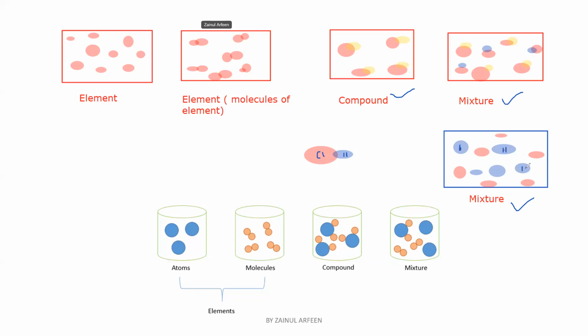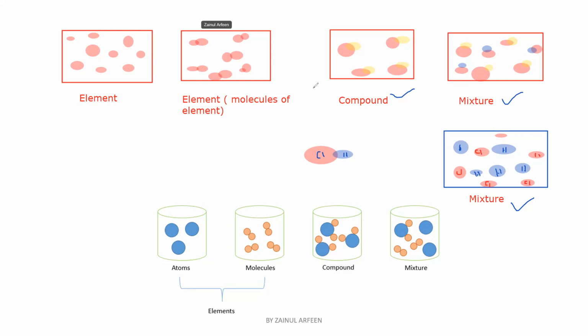They will have different properties, because when two or more atoms join chemically, the properties change as well. So the properties completely change. In a mixture, the properties do not change. But a compound will have totally different properties compared to the elements from which it is formed. Is the concept of element, mixture, and compound clear?